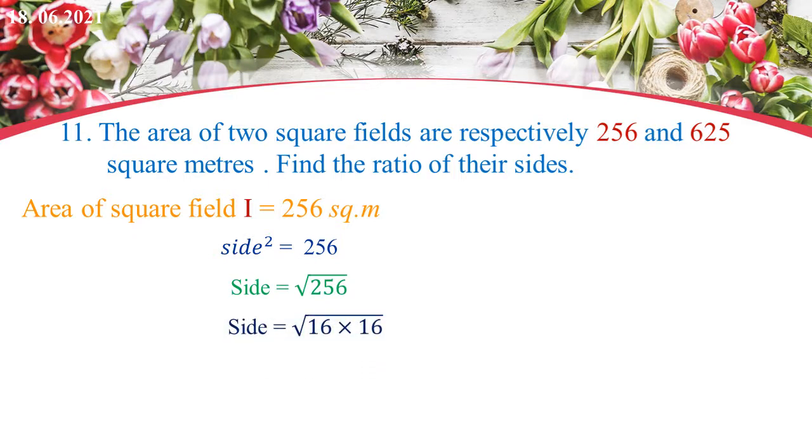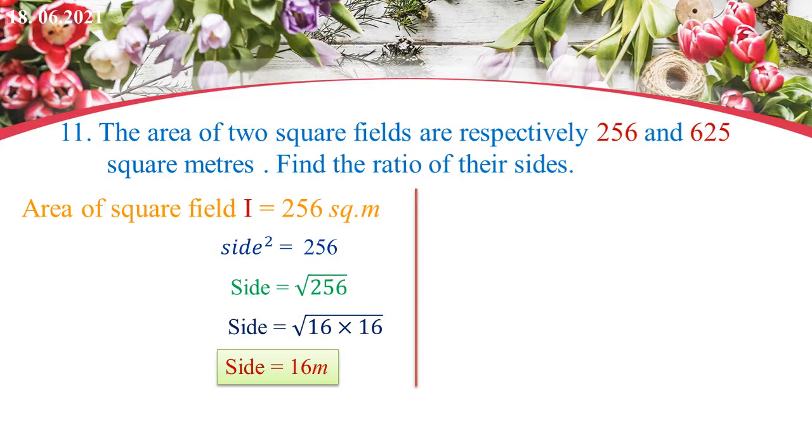The factors of 256 are 16 into 16. So, square root of 16 into 16. Choose one factor from the similar pair. So, side equal 16 meter. So, side of the first square field is 16 meter.